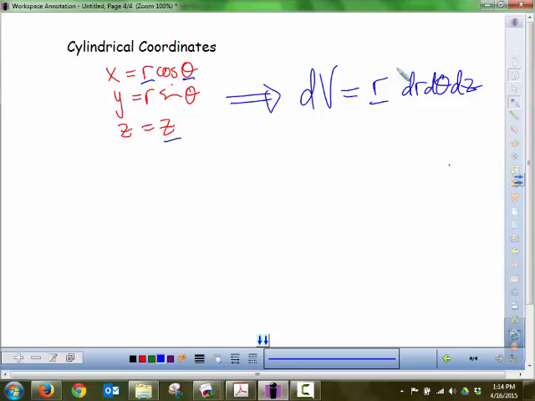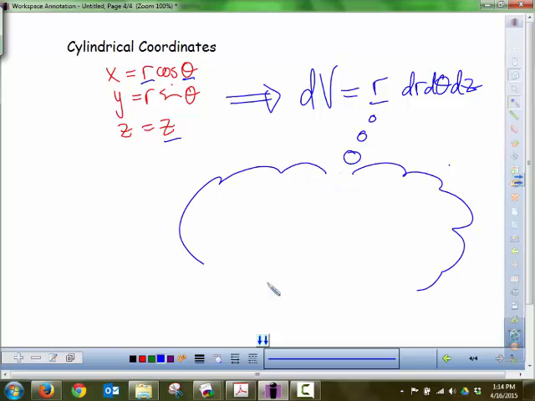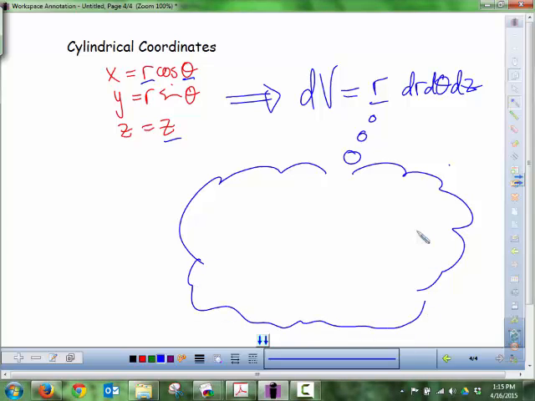And to actually figure out where this really comes from, if you really want to know, the differential comes from the derivative of the old variables with respect to the new variables. Right? That's kind of like how we did the trig substitution.